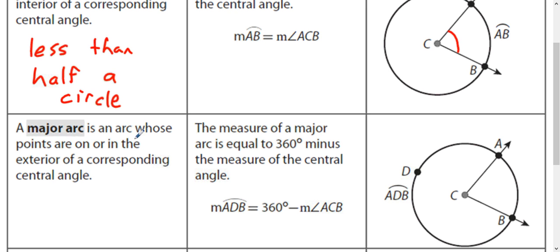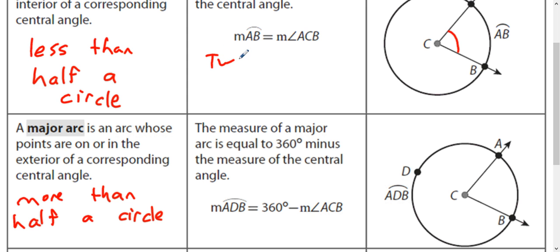A major arc is more than half a circle. If you're trying to get from A to B, it's like going the long way. You have to go around from A through D to get to B. When you name a minor arc, you use 2 points.